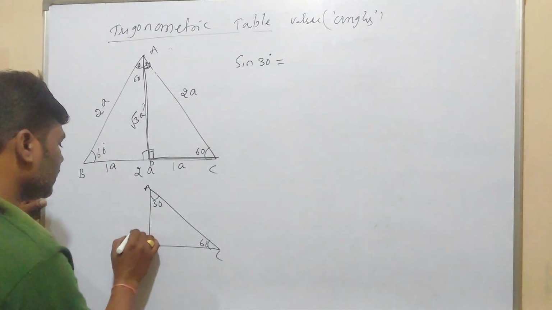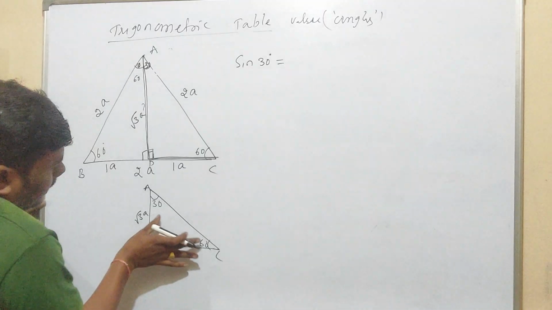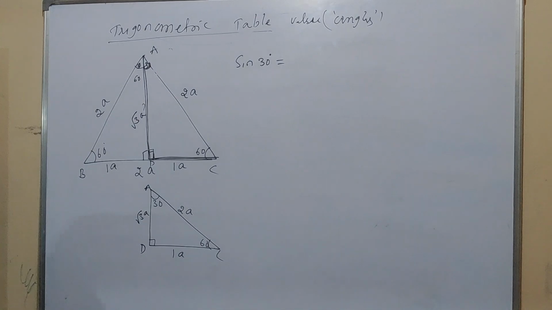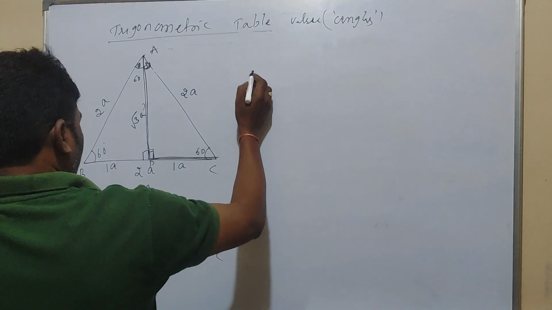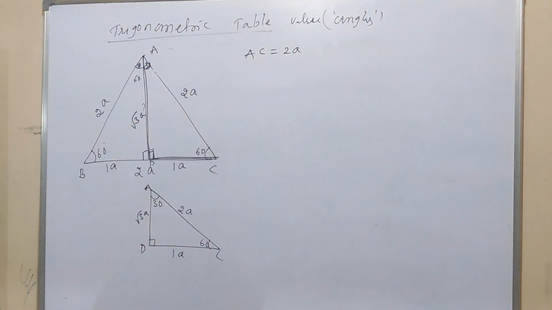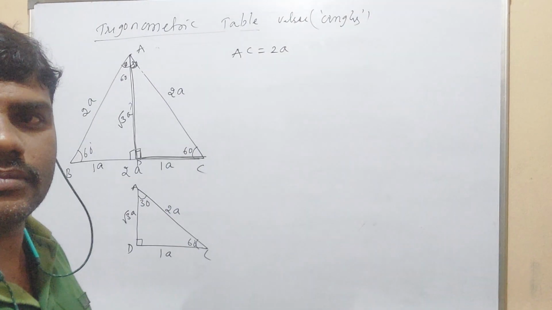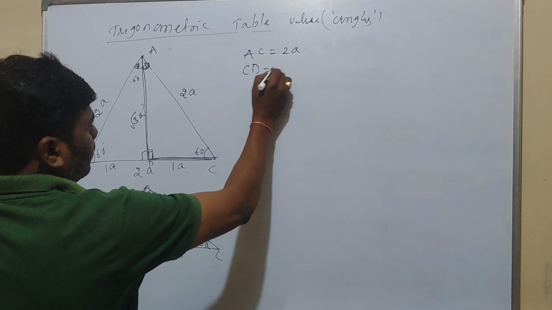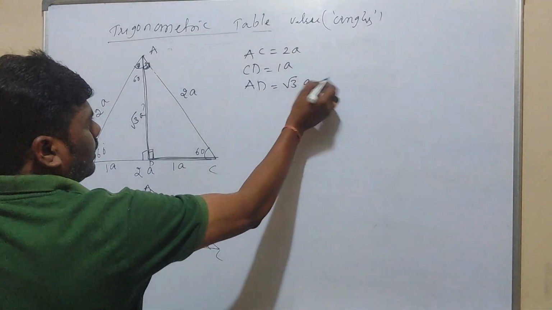AD length is root 3A, CD length is 1A, AC length equals 2A. So AC equals 2A, CD equals 1A, and AD equals root 3A.